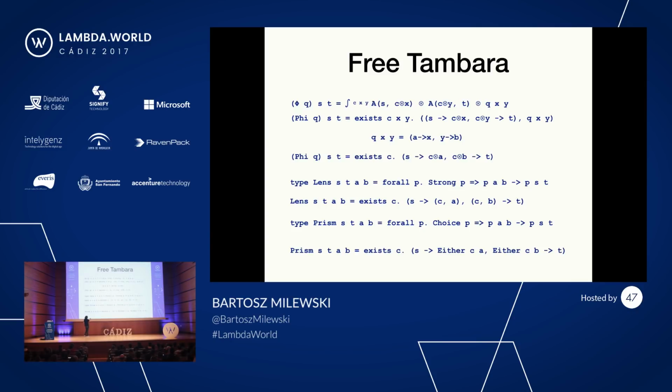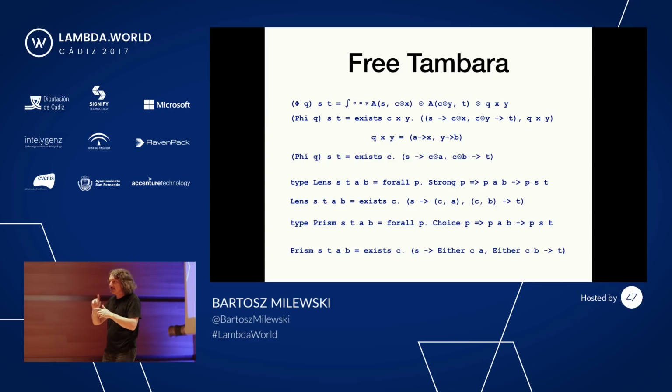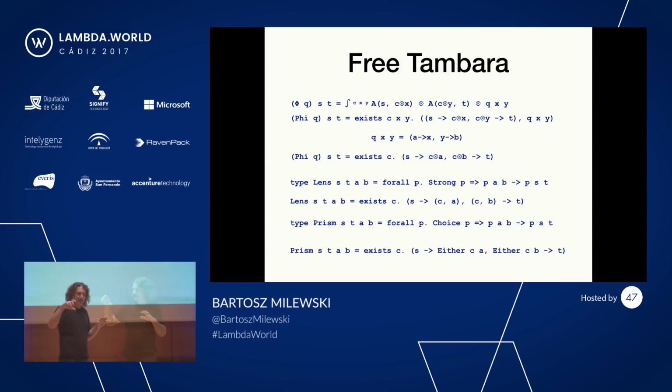And prism is exactly the same thing, but I replace the tensor product with either, right? And this is what I get. So that shows you that the profunctor representation of lens and prism can be directly translated into our standard version of lens and prism using a pair of functions.